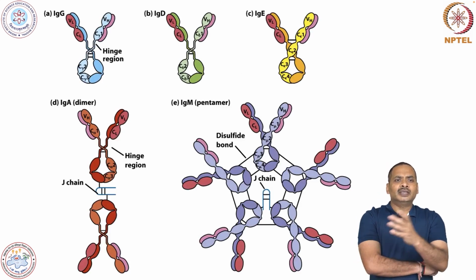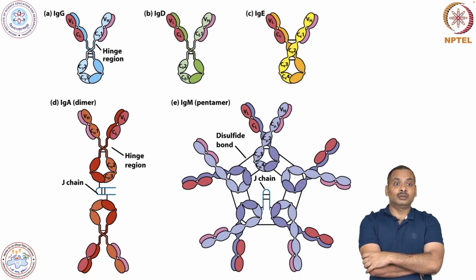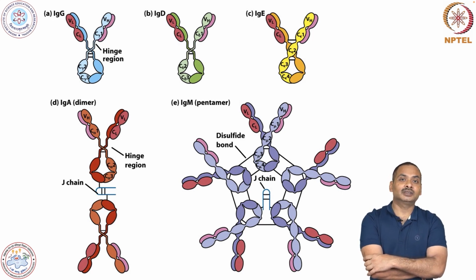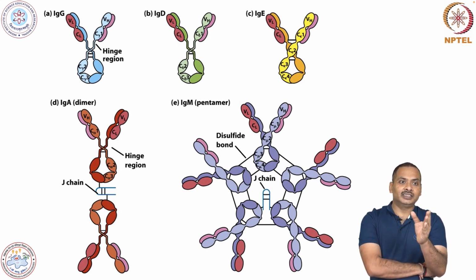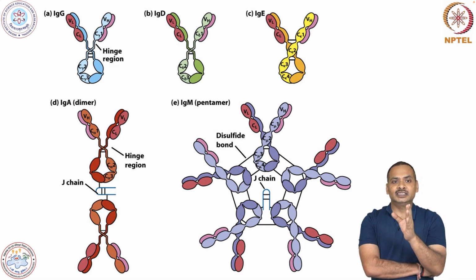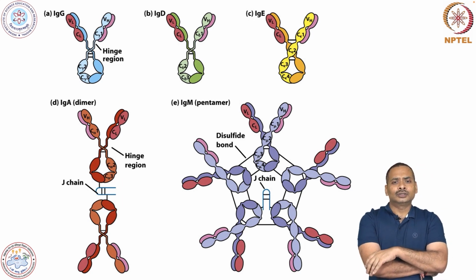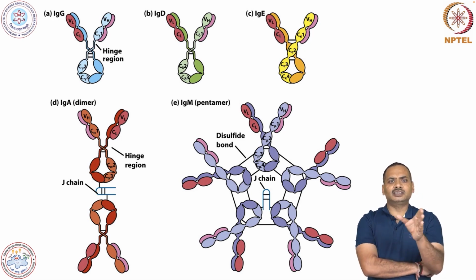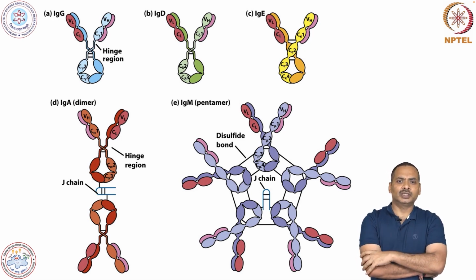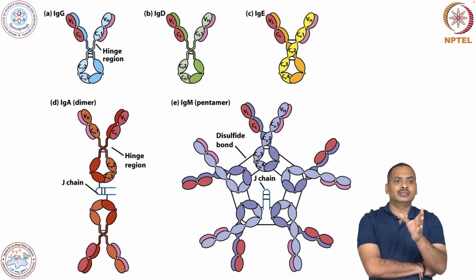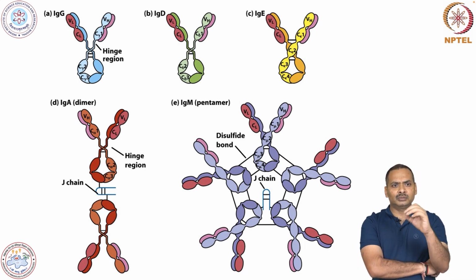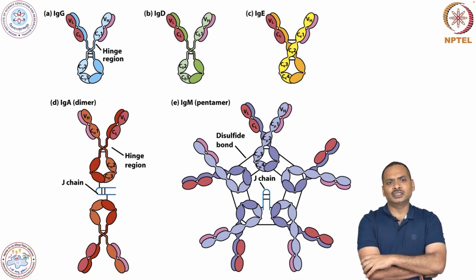Here this is the structure of various immunoglobulins. Here you can see that there is a hinge region in case of IgG, IgD and IgA. So this has a hinge region, and here you can see the structure is quite different. All immunoglobulins are quite different. In case of IgG there are C gamma 2 and C gamma 3 regions, and there is a predominant, quite big hinge region in case of IgG.